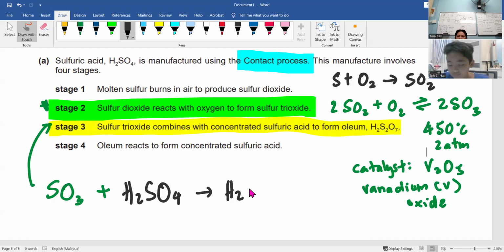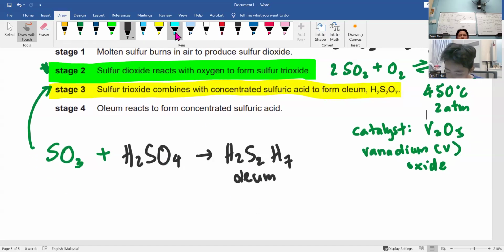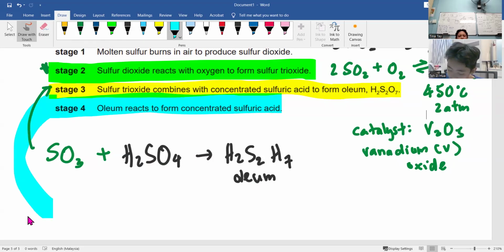Oleum is a very viscous, very thick liquid. Okay, this is called oleum. Finally, in stage 4, all you need to do is dissolve the oleum in water. Then you get sulfuric acid.